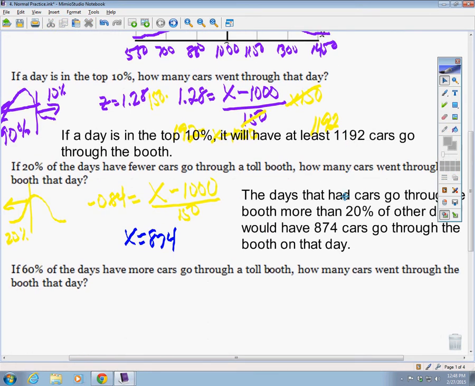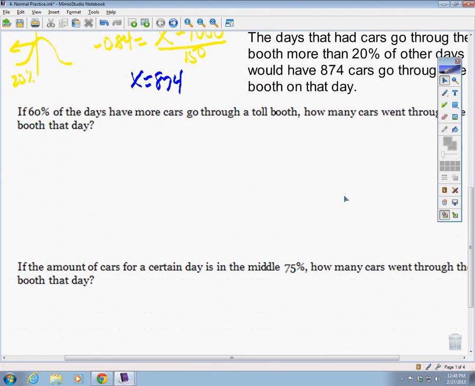All right, one more. Well, actually, it's two more. If 60% of the days have more cars go through the booth, again, that means 60% is to the right. Our Z table only shows us the area to the left, which means we're looking for 40%. And 40% is close to 50, which means the Z-score is going to be very close to 0.